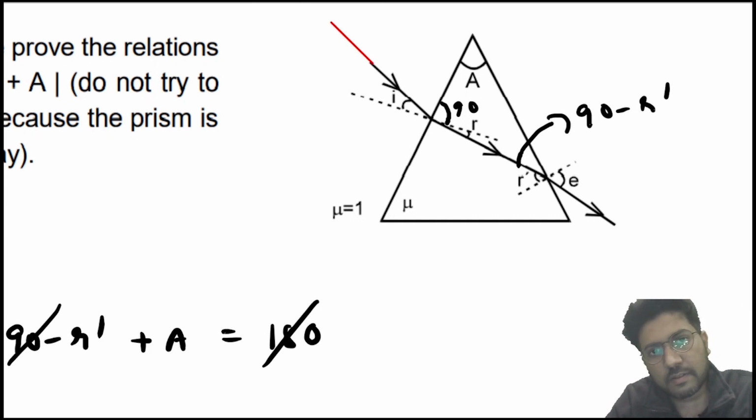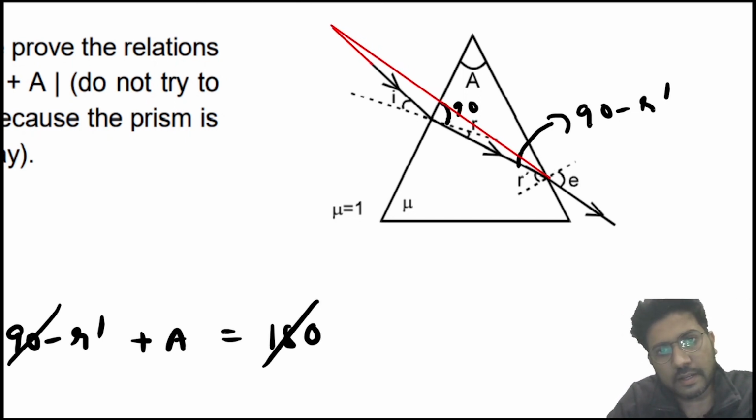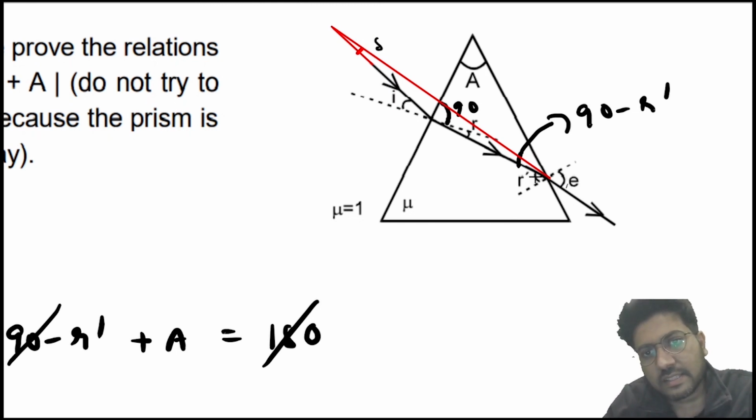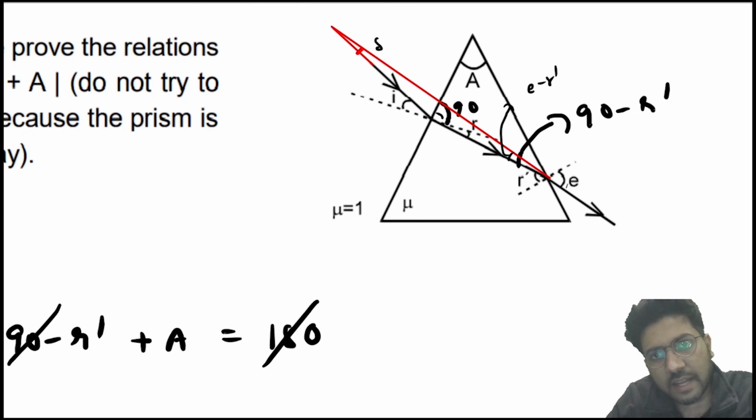So I will draw this and I will draw from here, and this is the intersection of the incident ray and the emergent ray, and this angle will be the angle of deviation delta, right? Okay, now if this angle is E, this angle is R dash, I can say that this angle is E minus R dash, and here this angle is 90 plus R and this angle is 90 minus I.